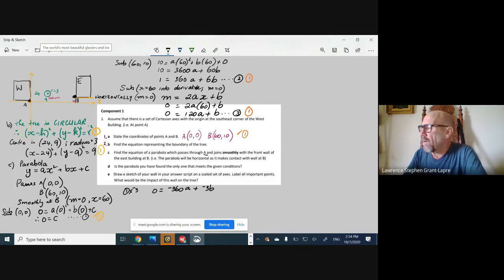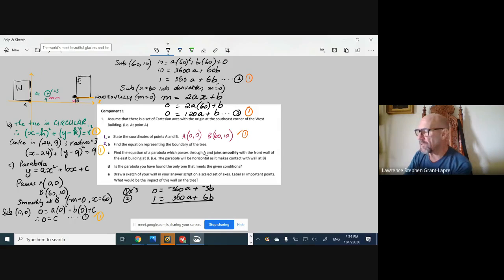Now I'll add equation 2 underneath that, 360A plus 6B. Now this is elimination. You could use substitution. Substitution is fine. If you said B equals negative 120A, and then you put negative 120A up there, that's fine.